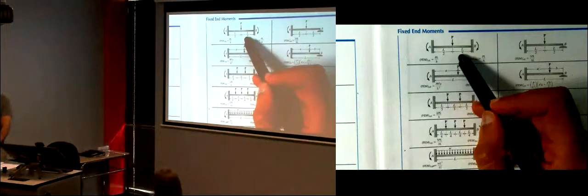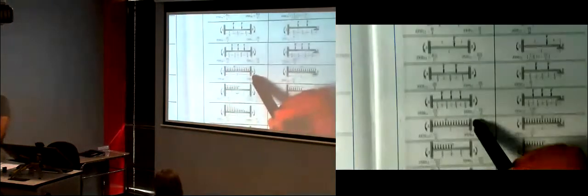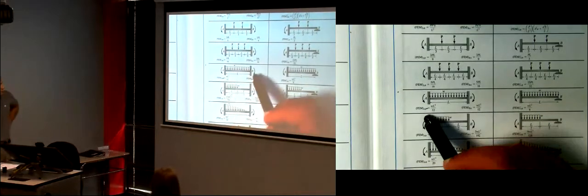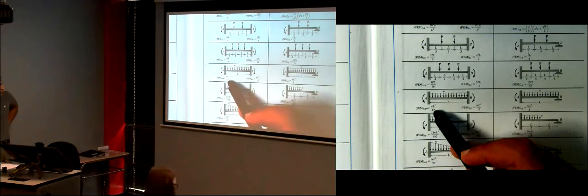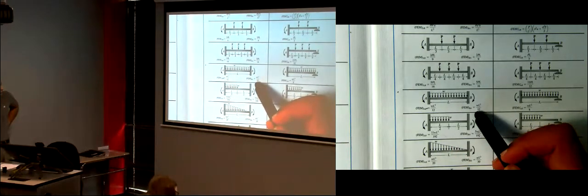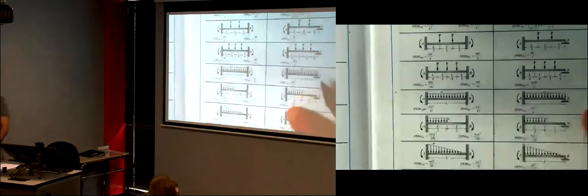This is the fixed end moment AB, PL over 8, PL over 8. And today we did this one right now. The fixed end moment AB and BA, they are WL squared divided by 12, WL squared divided by 12. Those are for a uniformly distributed load.